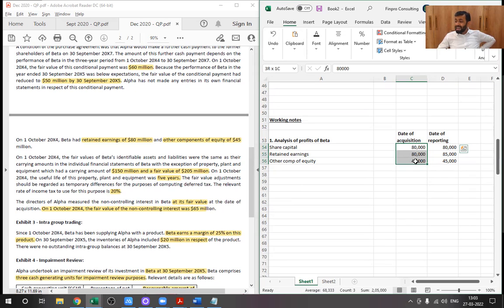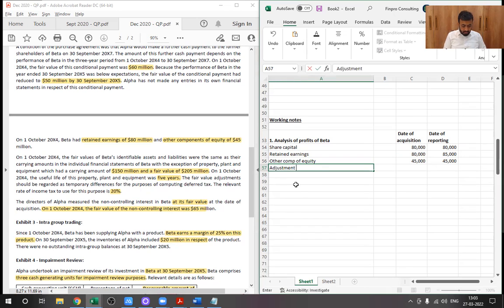This is nothing but net assets. So carrying value of all assets minus liabilities is the equity. That's the carrying value, except for some assets. So I'll have to do that adjustment for fair value of property, plant and equipment. What is that? So carrying value is 150 million and fair value is 205 million, so 205 minus 150 is 55 million positive.